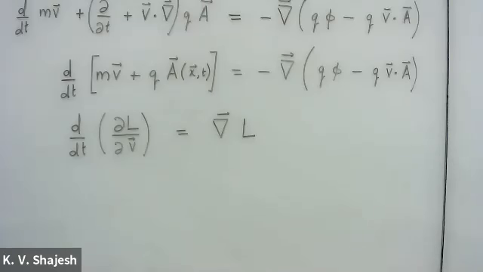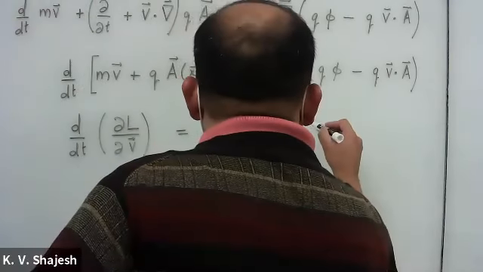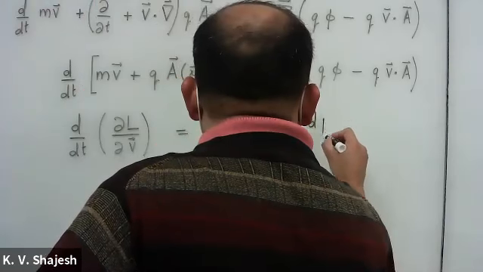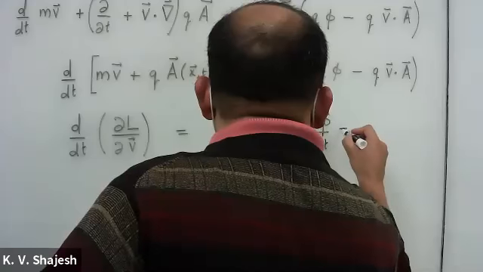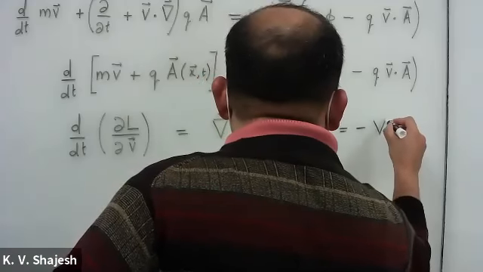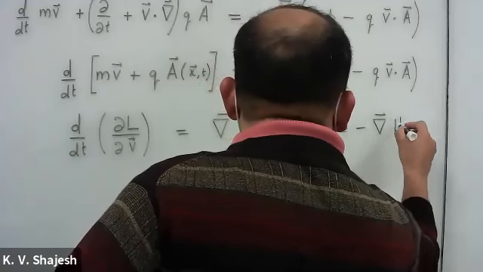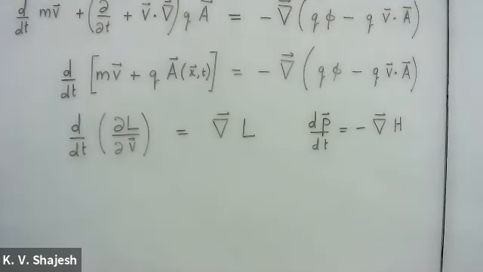Let us go back and remember there was one more equation I wrote for the Hamiltonian: the time derivative of the momentum is equal to the negative gradient of the Hamiltonian. I wrote that just a few lines back when I was talking about the Hamiltonian.